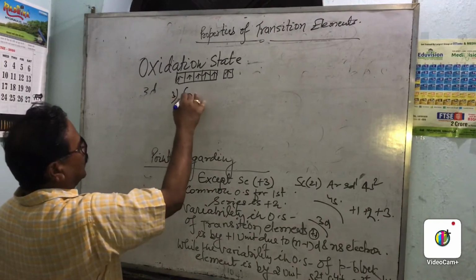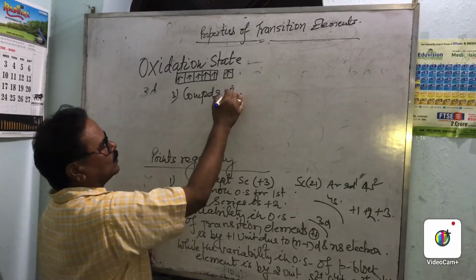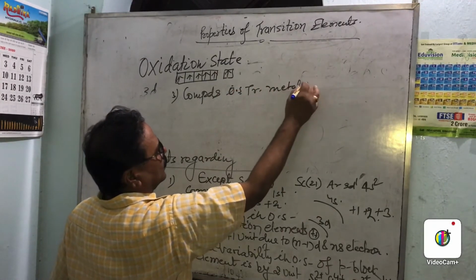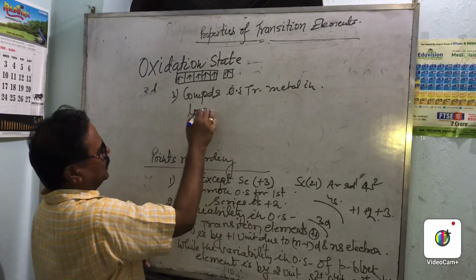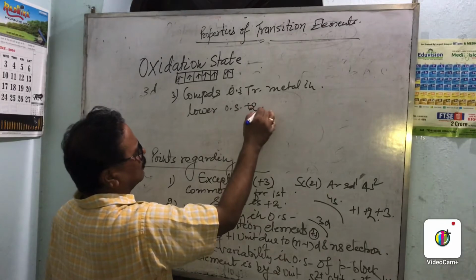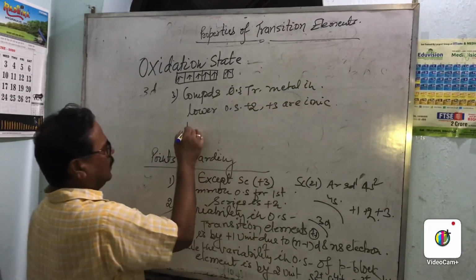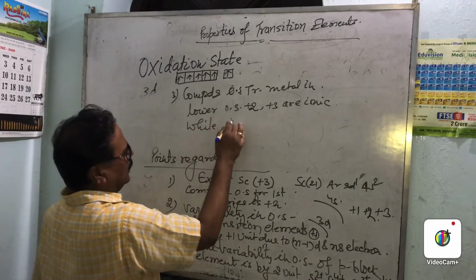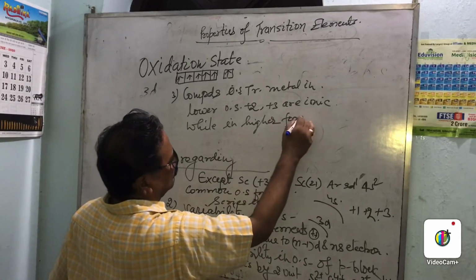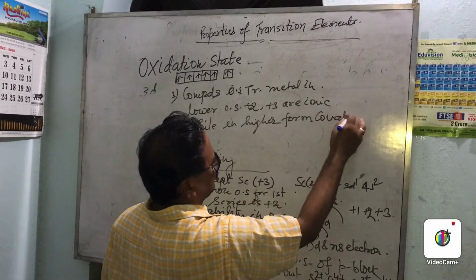Third, compounds of transition metals in lower oxidation states, that is +2 and +3, are ionic, while in higher oxidation states they form covalent compounds.